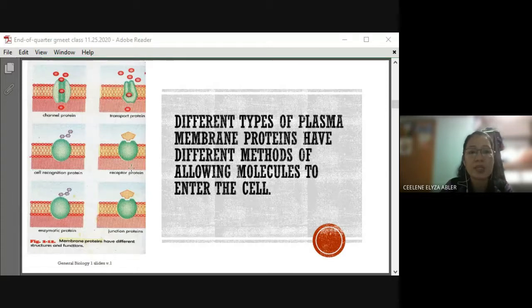Another is the receptor proteins. Receptor proteins are enzymatic types of proteins. You'll notice this. We will have a separate lecture for that in quarter 2, because we will use it for photosynthesis and cellular respiration. We will discuss many cell receptor proteins in quarter 2.